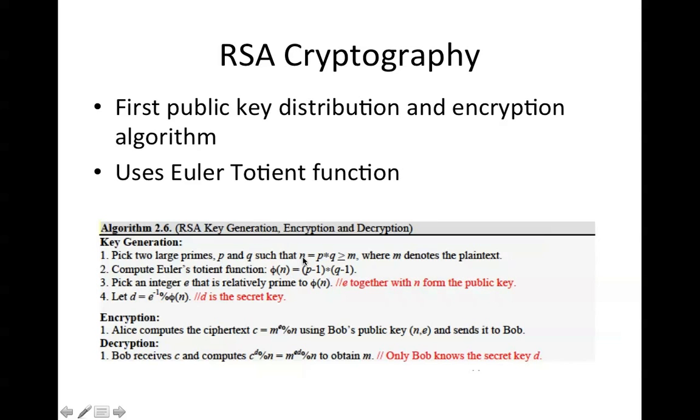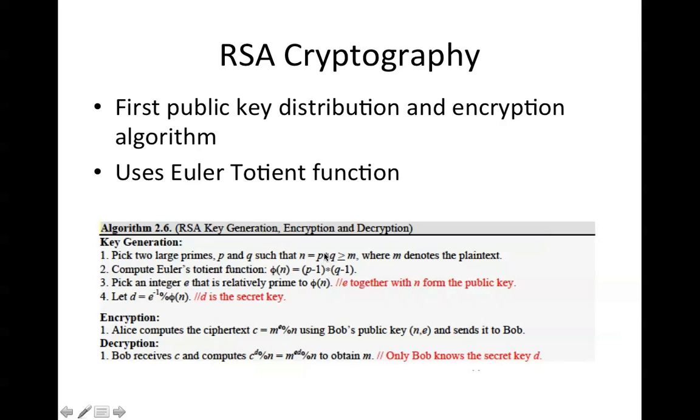However, letting people know what N is is not the same as letting them know what P and Q are. In fact, it is known that factoring a large number like this, a product of two large primes, is not a very easy task. So it is not easy to recover P and Q from N if you pick them to be large.